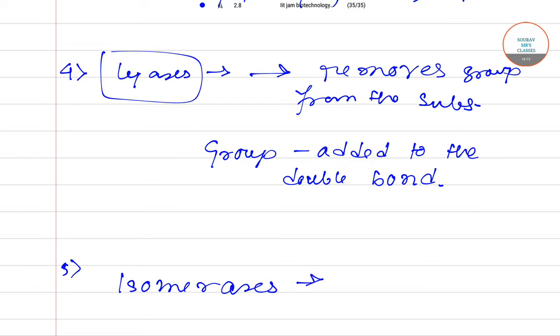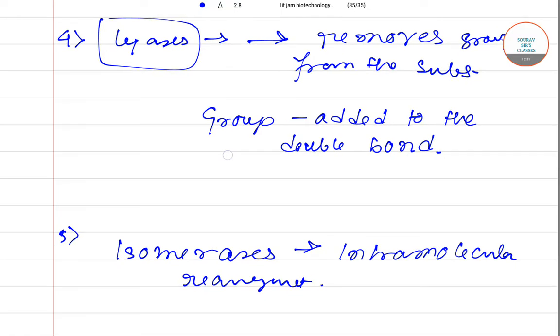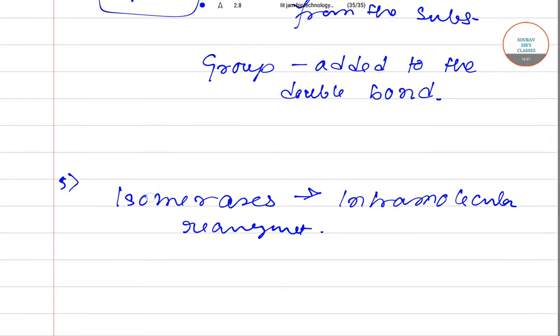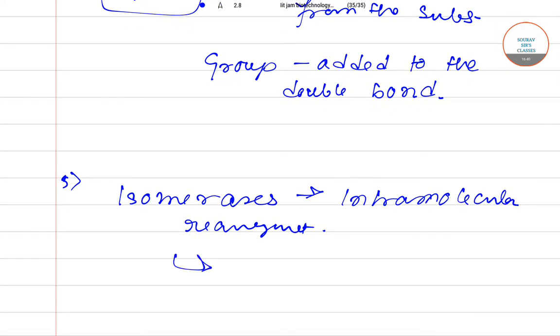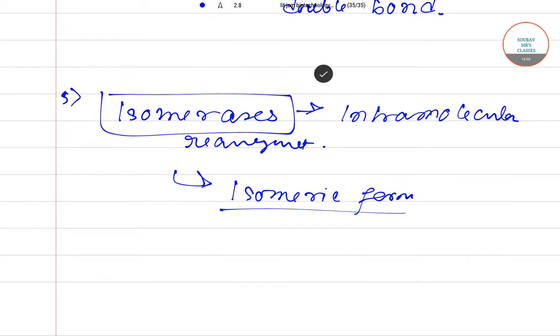Isomerases catalyze intramolecular rearrangement, the rearrangement of atoms and groups to yield an isomeric form. That is why we call this type of enzymatic activity isomerases, that form the isomer.